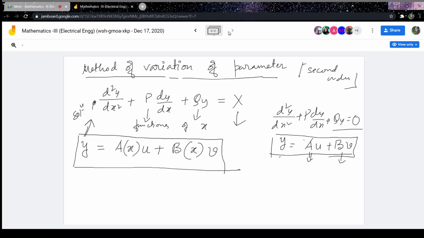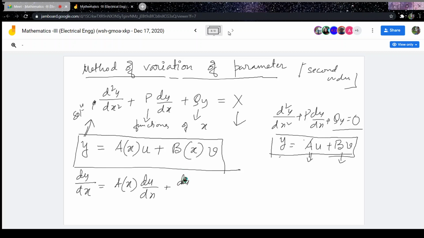Now, what will dy/dx be? I am writing this as A(x) here because I am just trying to emphasize that it is a function of x. Otherwise, I can always write it without the argument.